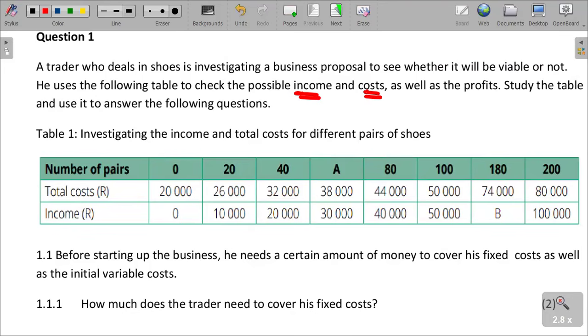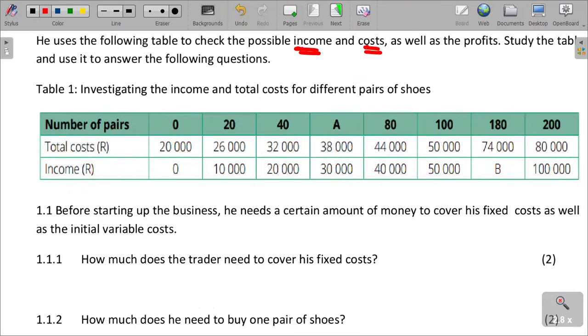That is business analysis. So the question given now is to study the table and use it to answer the following questions, investigating the income and total cost for different pairs of shoes.